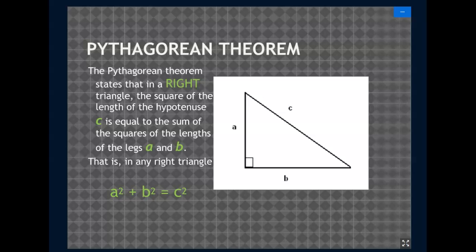So Pythagorean theorem states that in a right triangle, the square of the length of the hypotenuse, letter C, hypotenuse is always directly across from the 90-degree angle. So that side over there is always your hypotenuse.